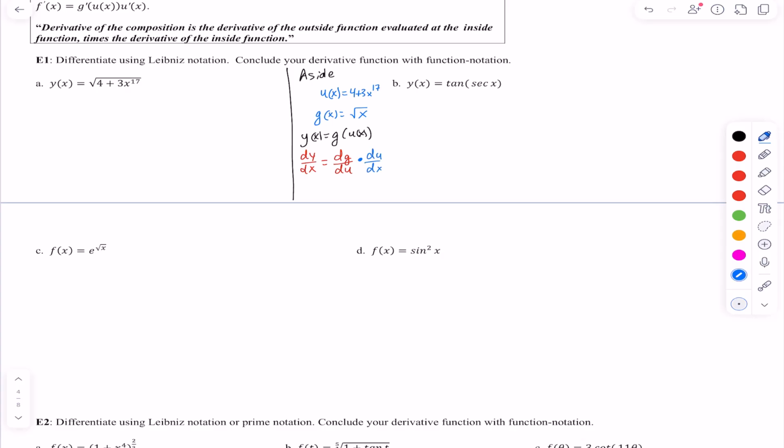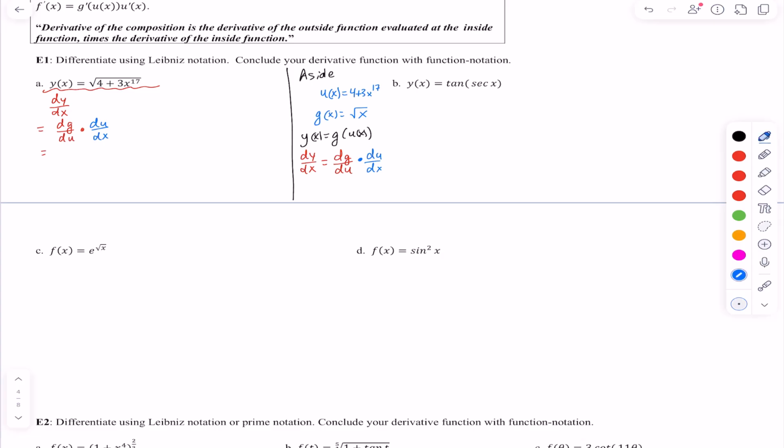No problem. Ready to differentiate this? And notice once you have memorized the chain rule, once you're able to identify the compositions, you're simply going to make a substitution.